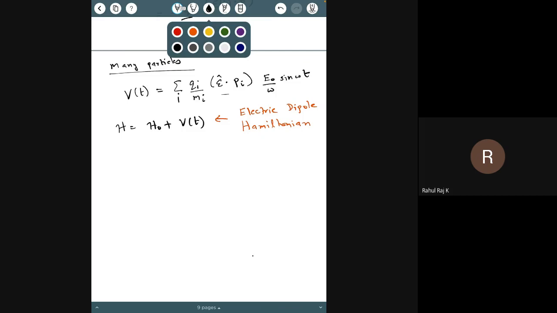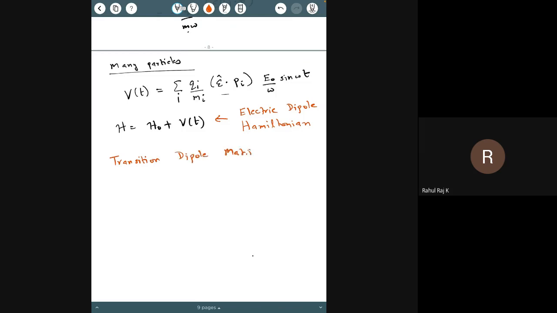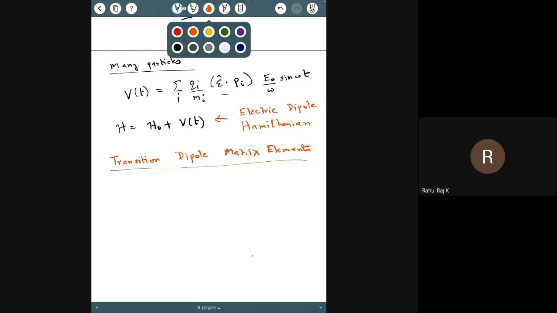So now we're going to do the transition dipole matrix element. So this basically tells you the transition probability from a ground state to an excited state via this interaction.